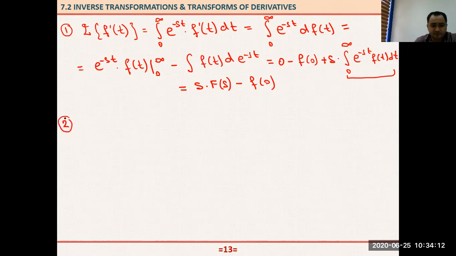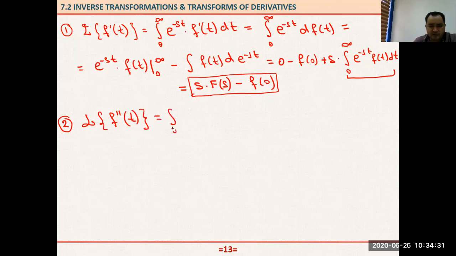In a similar way, as you see here, this is our first result. And how about the Laplace transform of f double prime? In that equation here we have y double prime, doesn't matter. Again, by just applying the definition, we have the integral from 0 to positive infinity of e to the power minus st times f double prime of t dt.